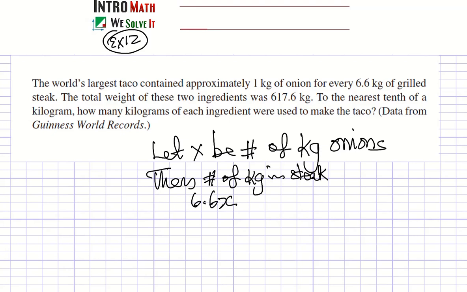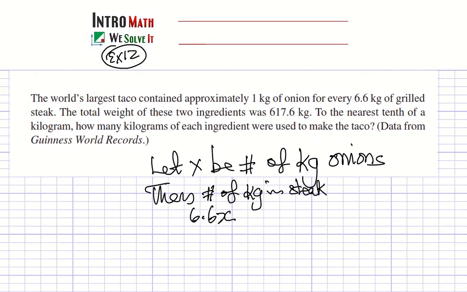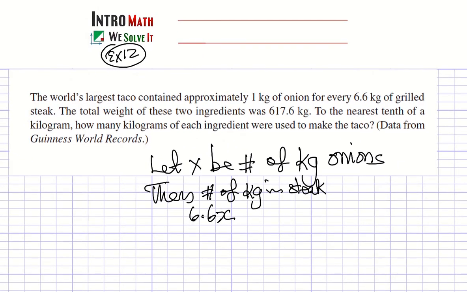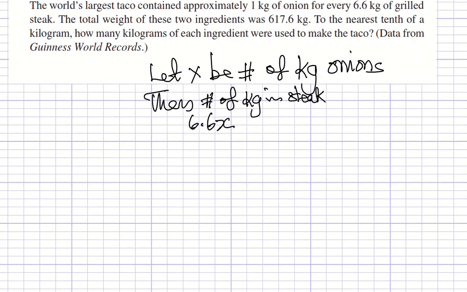Okay, that's what that is saying. And then they're saying that the total weight of these two ingredients becomes 617.6 kilograms. So basically what they're saying, x plus 6.6x is equal to 617.6.